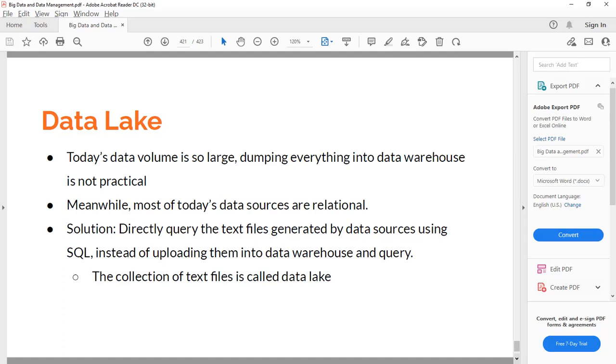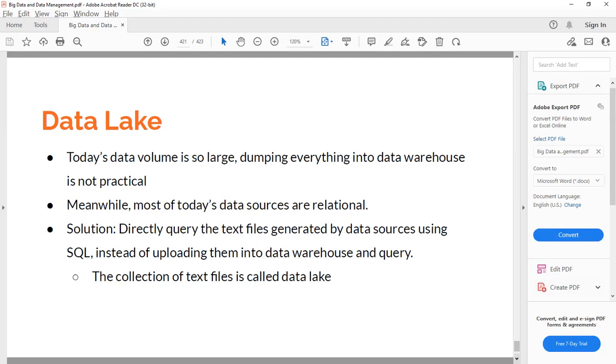Whether it's a nosedive of 50% or 51.3%, it's not so important. The important thing is that it has a nosedive. Then it's ideal for a data lake. You look at the data coming from the source, and you see the trend. That's all that matters. It's fast. It didn't even go through the step of going into the data warehouse. You just look at the text file, you see the dive. So this is what you can do with the data lake.